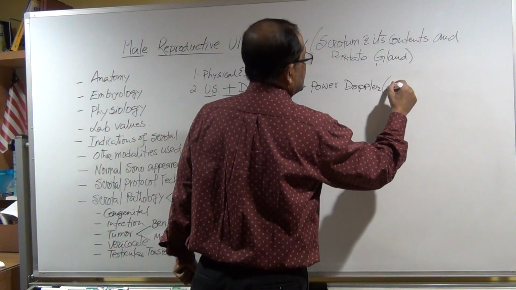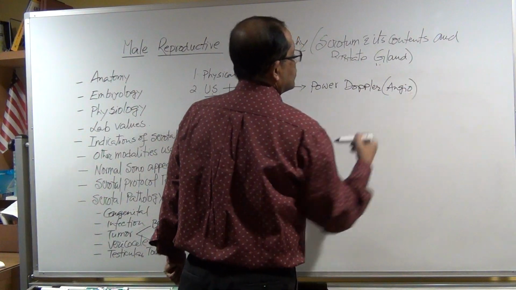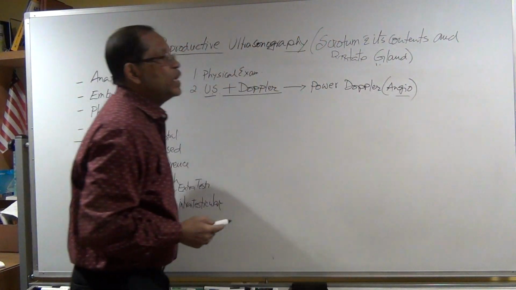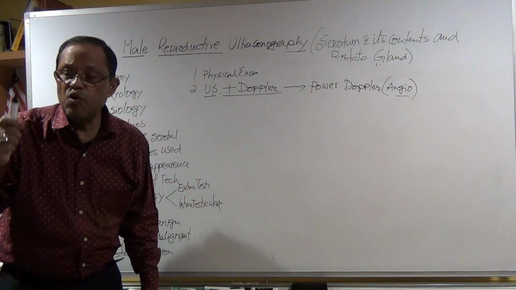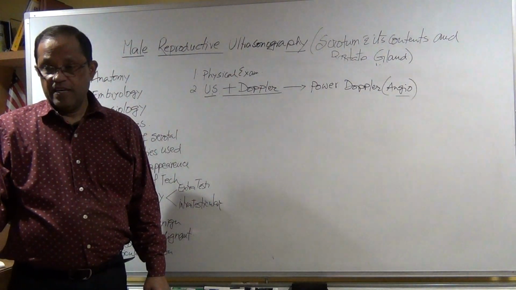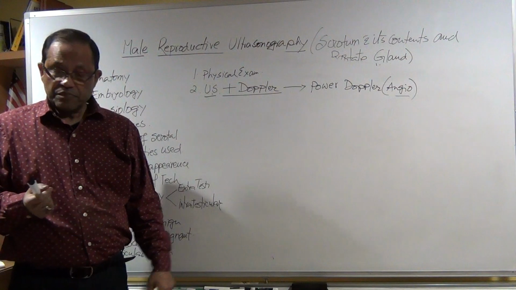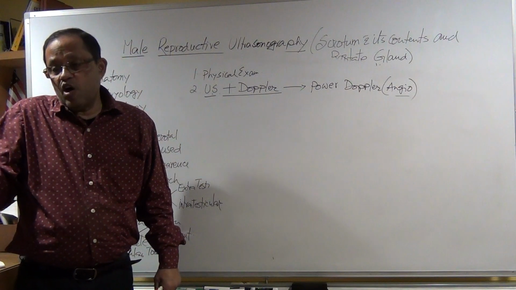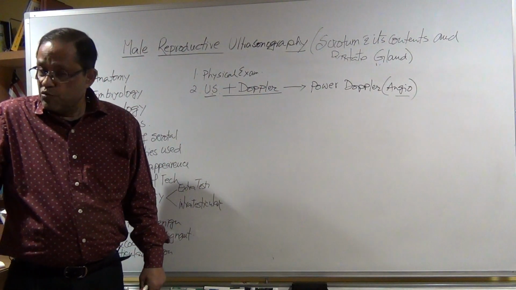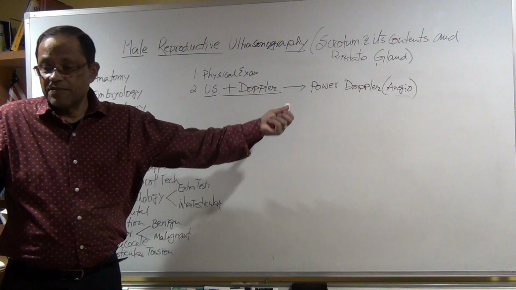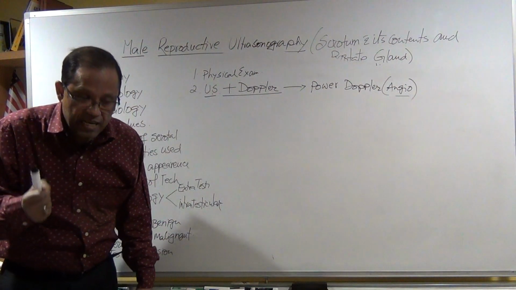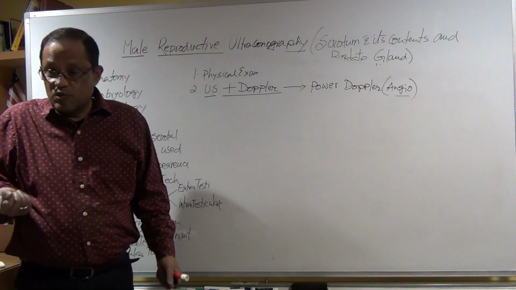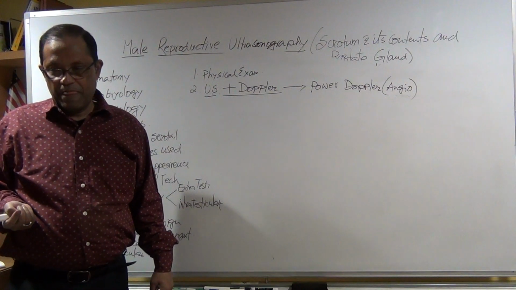We call it angio. Why? Because the power Doppler or angio will detect very slow flow, even through the capillaries, and it is angle independent. So if there is a little change of pressure due to flow presence, it will be colorful. Then you have to understand, it has time, it is savable. Testis could be saved.